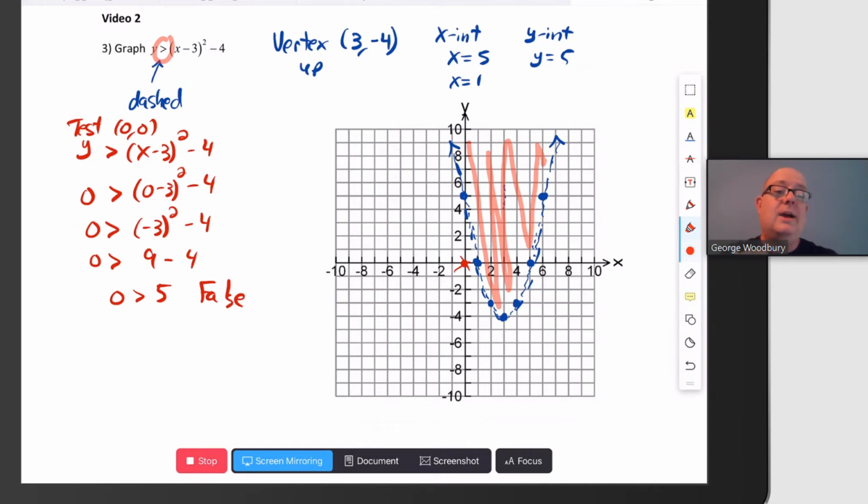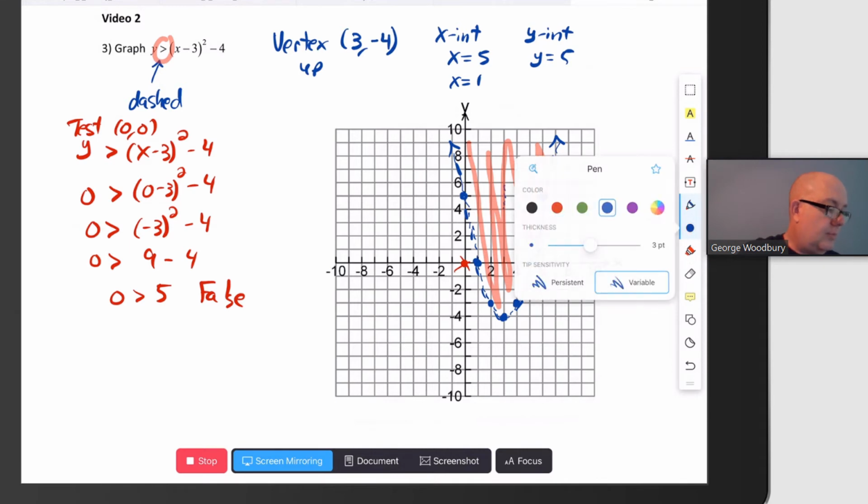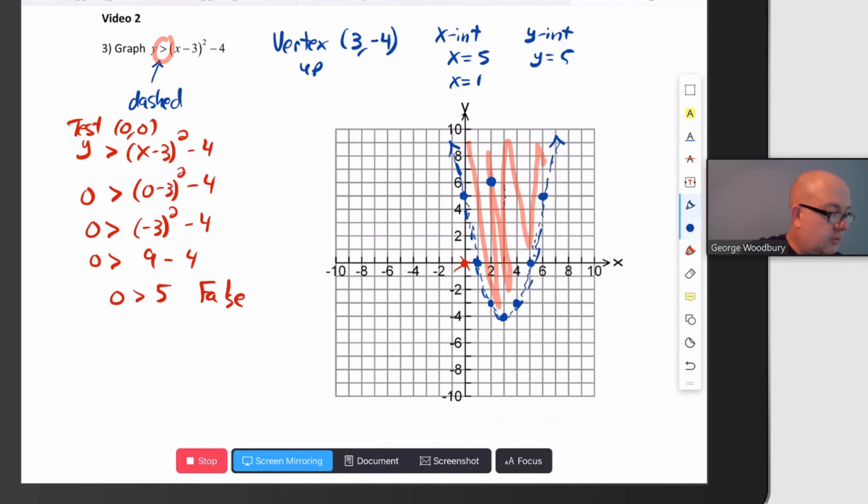It's just that when y is not isolated that we cannot tell for sure from the sign which way to shade. But anyway, in this case, we shaded above the curve. And that means that any point that's in here, so if I pick this point, which is (2, 6), I know that that's a solution because that's in the shaded area. All of the solutions are in that shaded region.